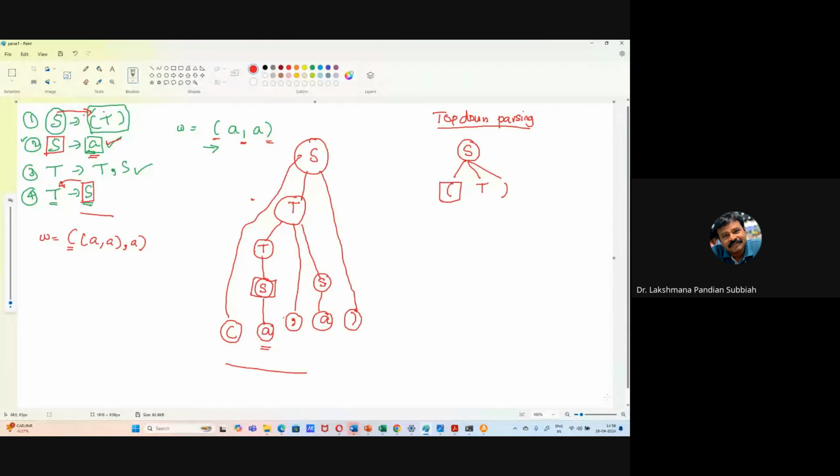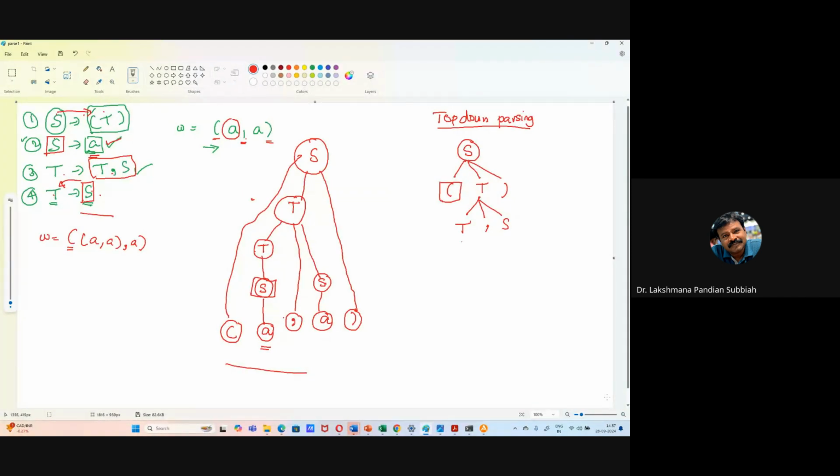Next we have to generate a comma. We have T, and for T we have two possibilities: T derives T comma S and T derives S. If we use T derives T comma S, then we get a comma a. Then we have a T, and here we need to generate a. So T derives S and S derives a.